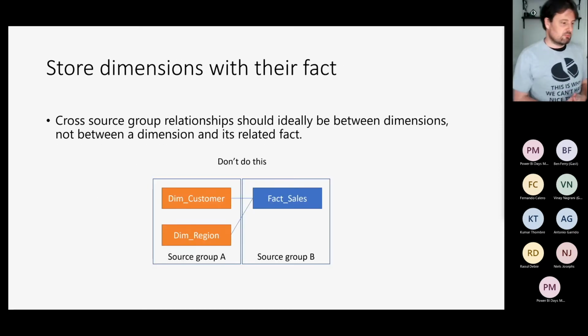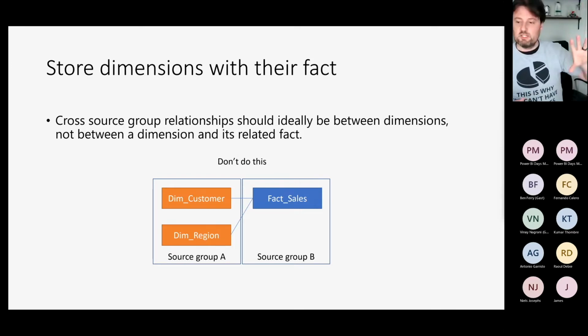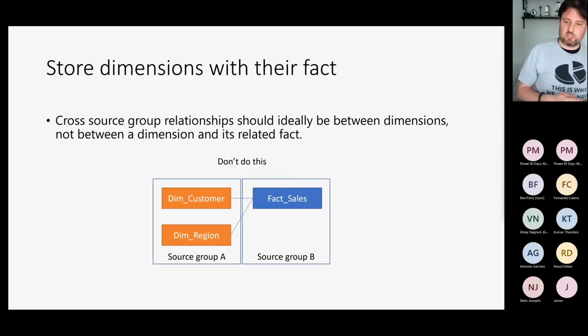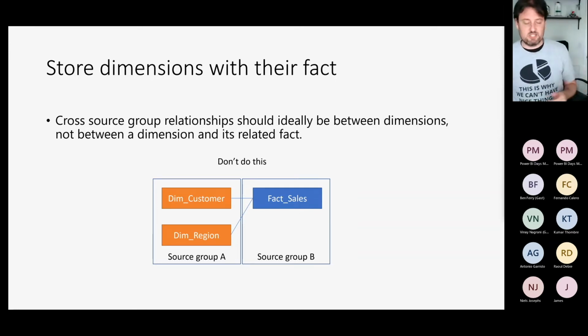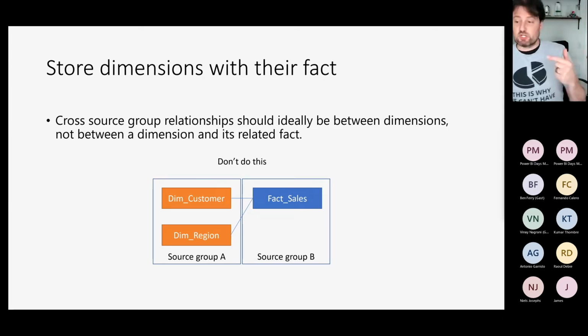Now, related to cross-source group relationships, you should really rethink where you leave your dimensions. Ideally, you should store your dimensions with the facts. We have seen people have a source group that only contained the fact, for example, sales here, source group B, and then only the dimensions in another source group, like common dimensions, split into two source groups so you can reuse them. If you do that, you create cross-source group relationships as a result, and you will have to think about what it means when there's a cross-source group relationship and the cardinality of that.